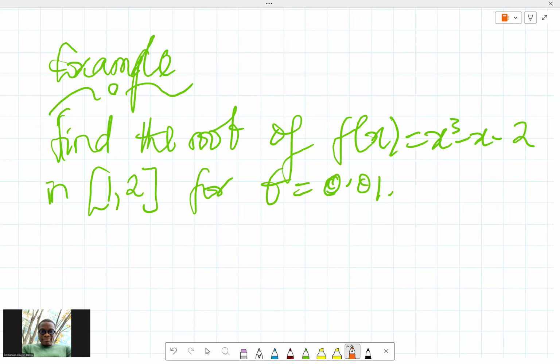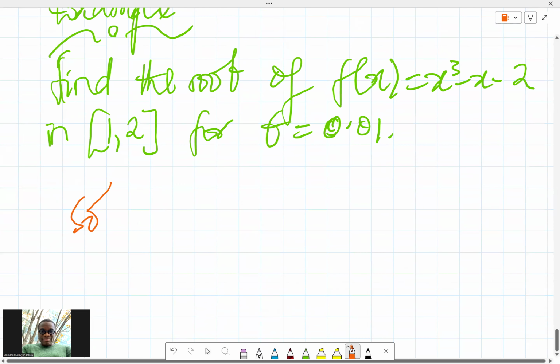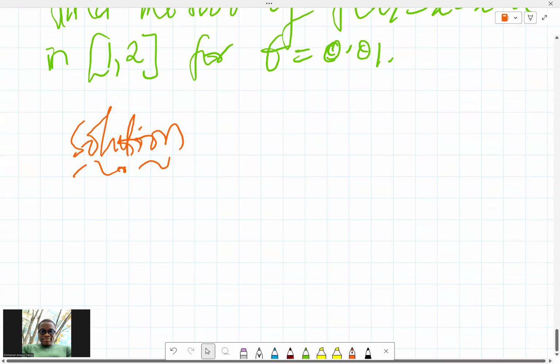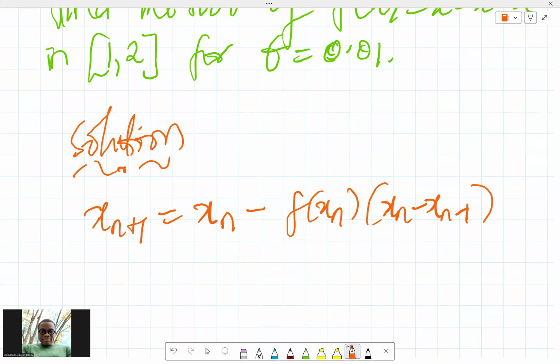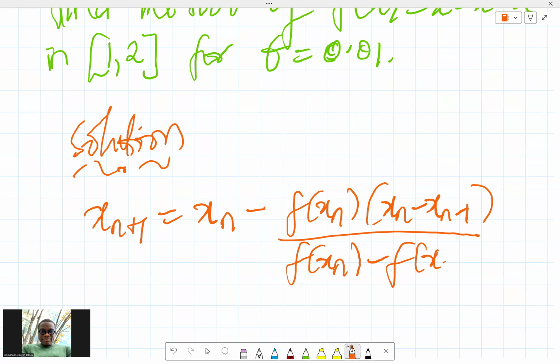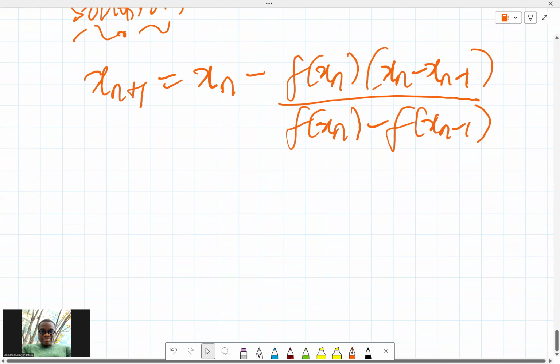So, solution. We already know the steps, so we just follow those steps. First of all, we know the formula is xn plus 1 equals xn minus f of xn into xn minus xn minus 1 divided by f of xn minus f of xn minus 1. Let's clarify what we have.